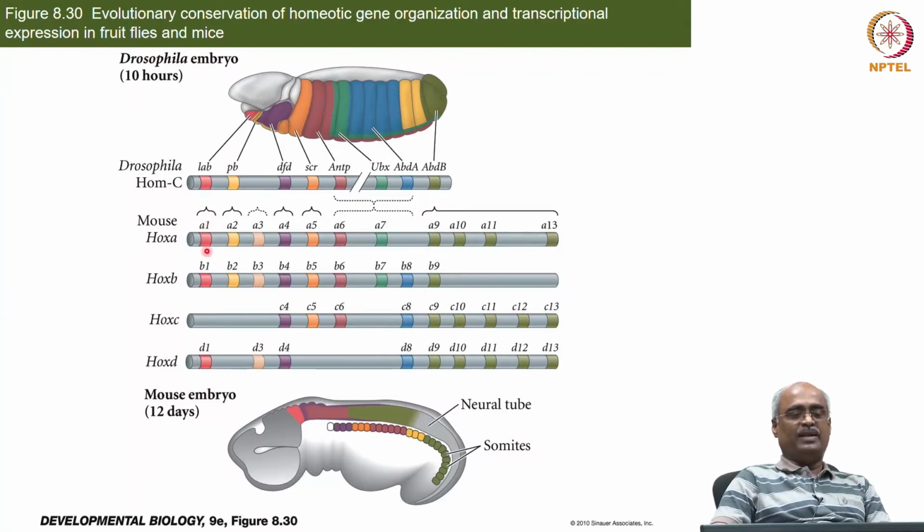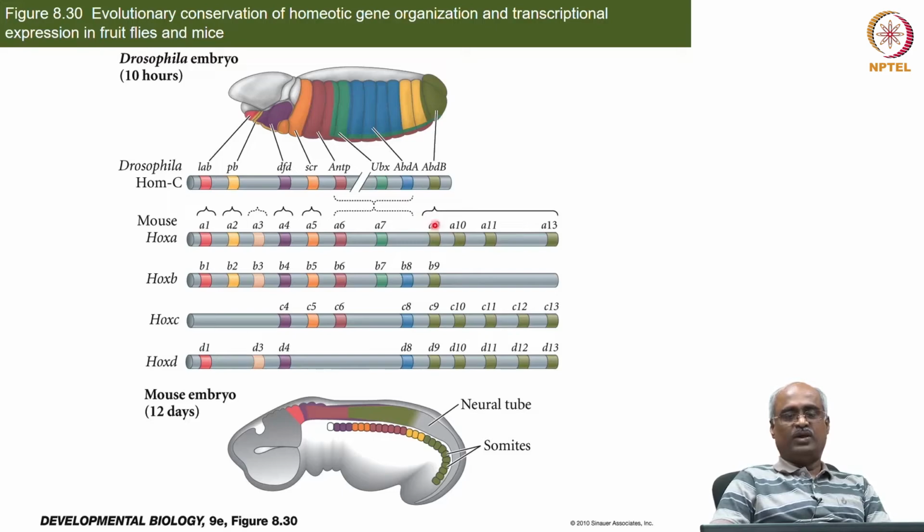So this A1, B1, D1, etc. are paralogs. The same sequence present in multiple copies in the same organism are called paralogs. Okay, so these are sequence wise most closely related to each other than to the other Hox genes, and so on.